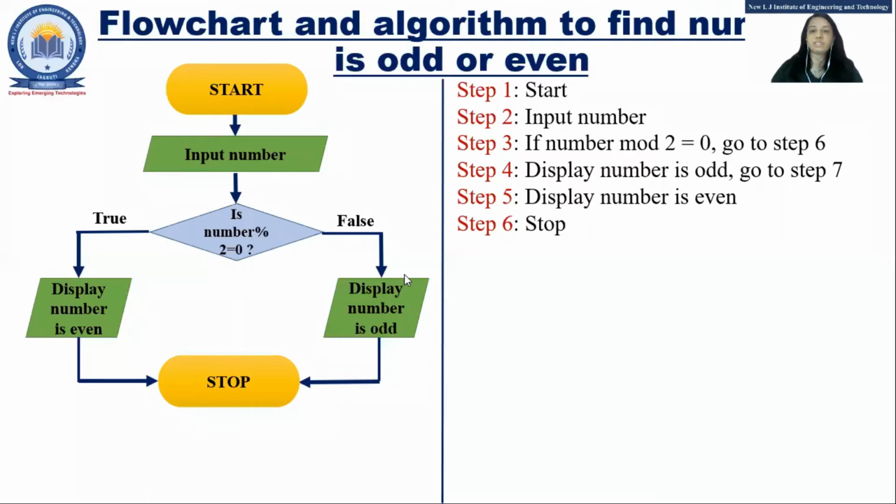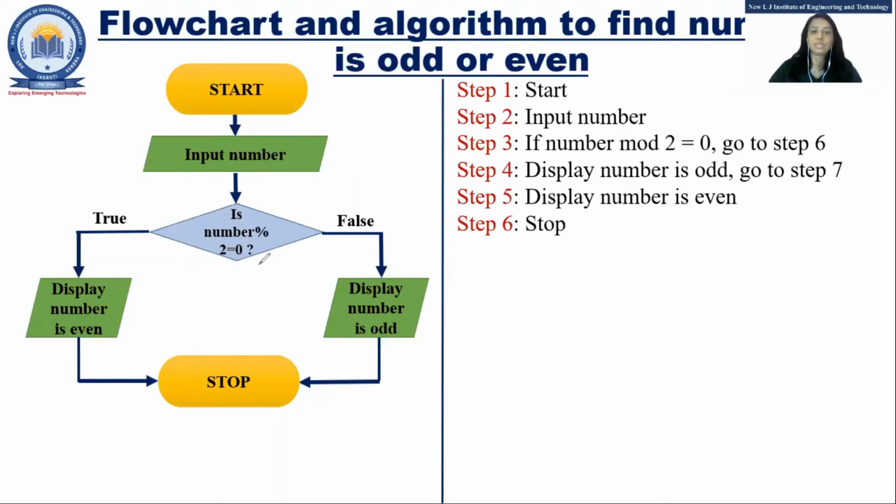As we have discussed, we have one operator called the modulo operator, which gives you the remainder. So if the remainder is 0, that means the number is even. And if the remainder is not 0, that means the number is odd. Fine. So you can see that start, then enter the number. Whatever number you want to check, you need to enter it.